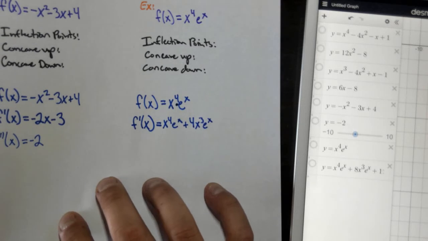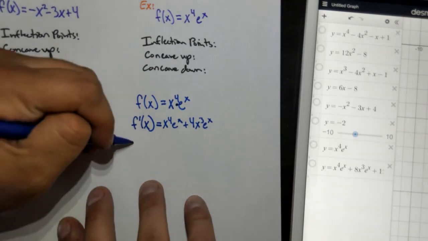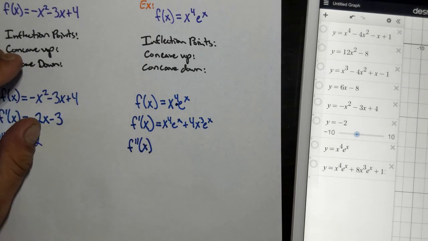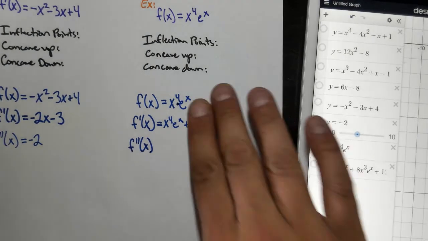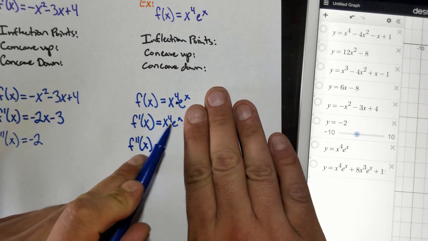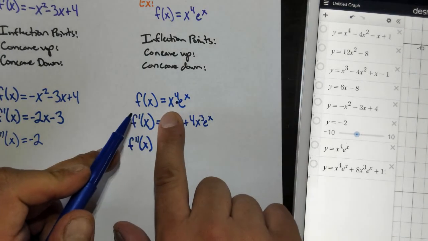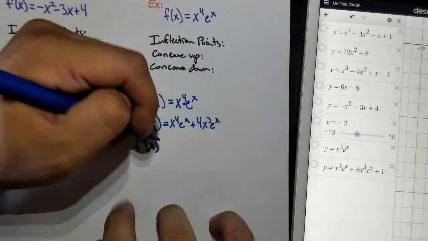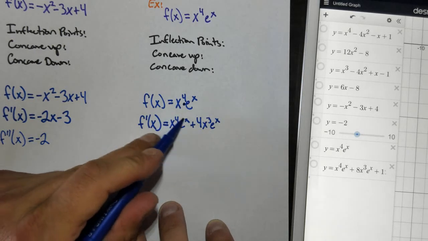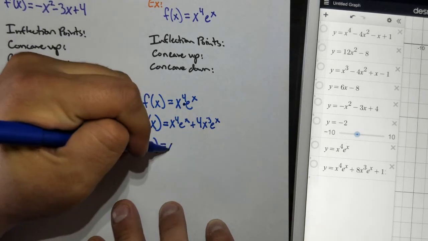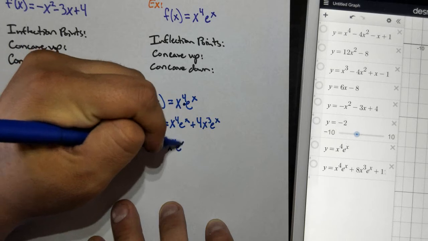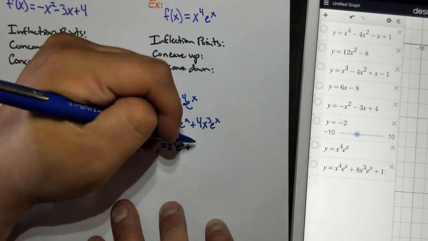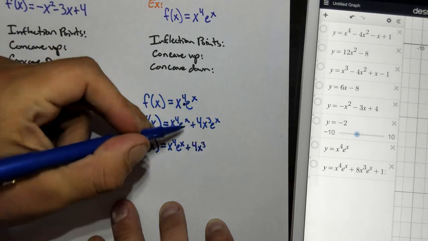Awesome. Okay, so now let's find the second derivative. And here we're going to have to use the product rule twice, because we have this section that has two things with x that are multiplied, and we have this one on the right where we have 4x cubed and e to the x. So, doing this one first, again it's the first one times the derivative of the second one, plus the derivative of the first one, times the second one.